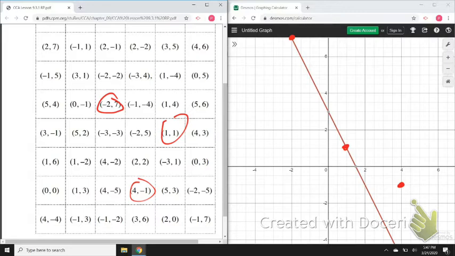Ooh, that's not on the line. But again, this question isn't asking if it's going to be on the line or not. It's asking if these are solutions to the inequality of y is greater than or equal to negative 2x plus 3. And again, if this were class, I'd just give you a bunch of points. You would test them and see which ones make sense, which ones wouldn't make sense.